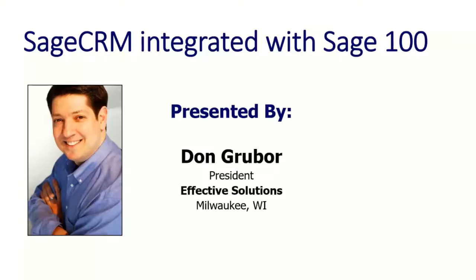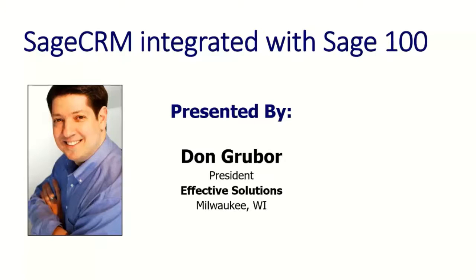So, as Nate mentioned, our focus is Sage CRM. We have about 80 customers now that we support, all of which have their Sage CRM systems integrated with Sage 100. That's probably the biggest benefit of the Sage CRM package.